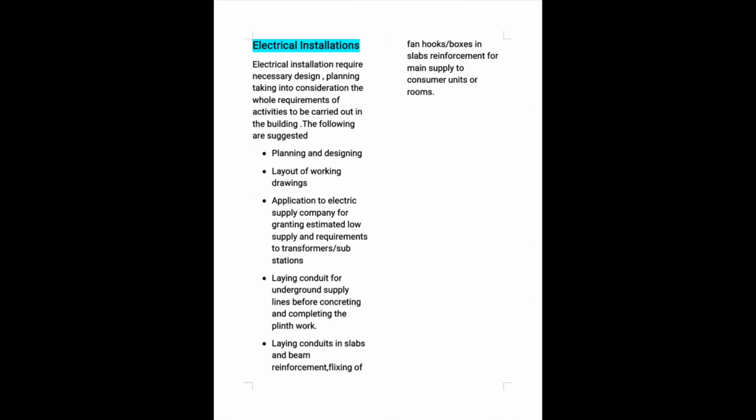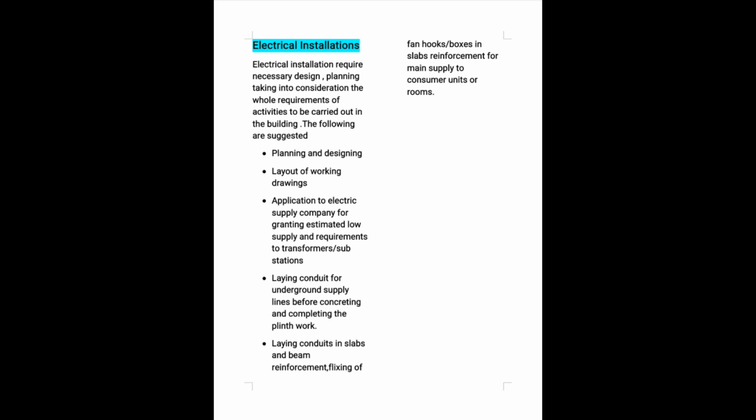Electrical installation. Electrical installation requires necessary design planning, taking into consideration the whole requirements of activities to be carried out in the building. The following are suggested. Planning and designing. Layout of working drawings. Application to the electric supply company for granting estimated load supply and requirements to transform substation.